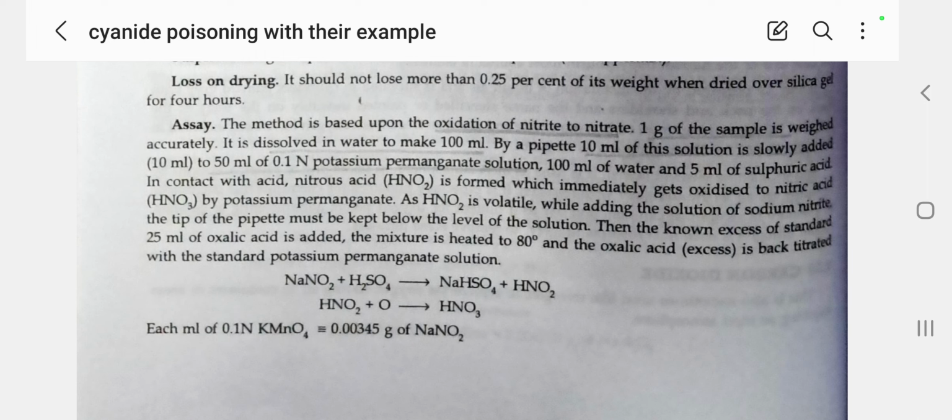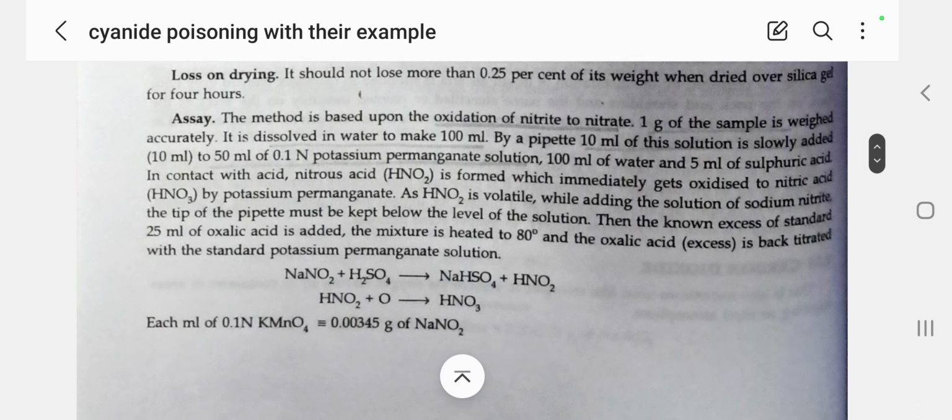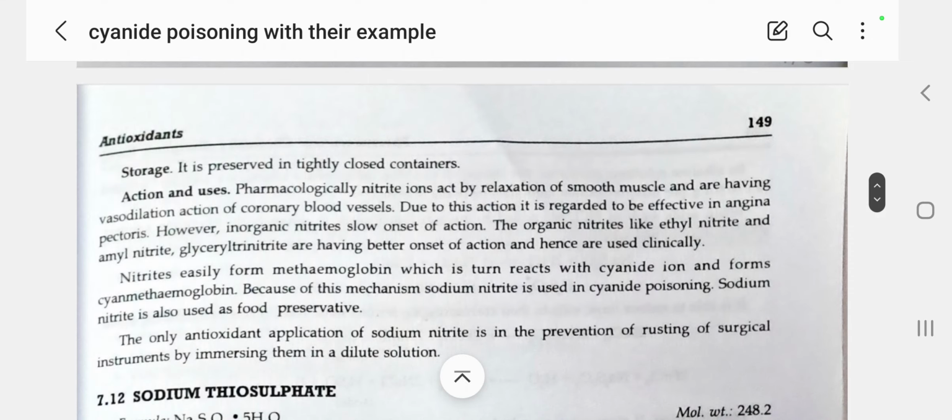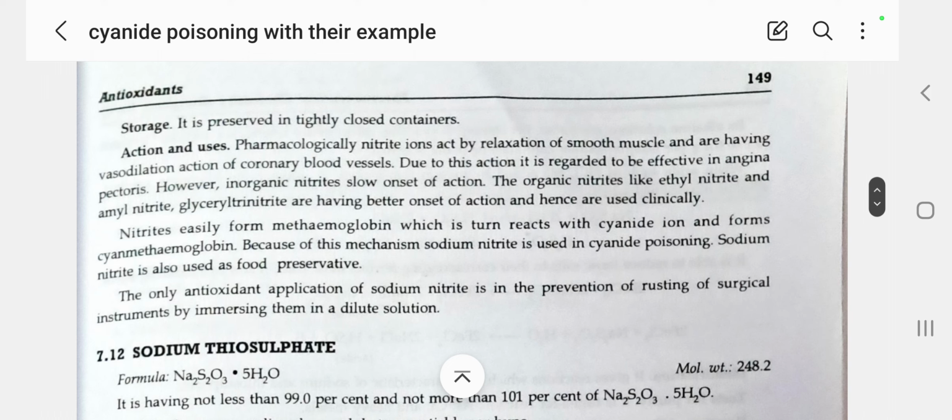Each ml of 0.1 N potassium permanganate is equivalent to 0.00345 gram of sodium nitrite. For storage, it is kept in a tightly closed container.